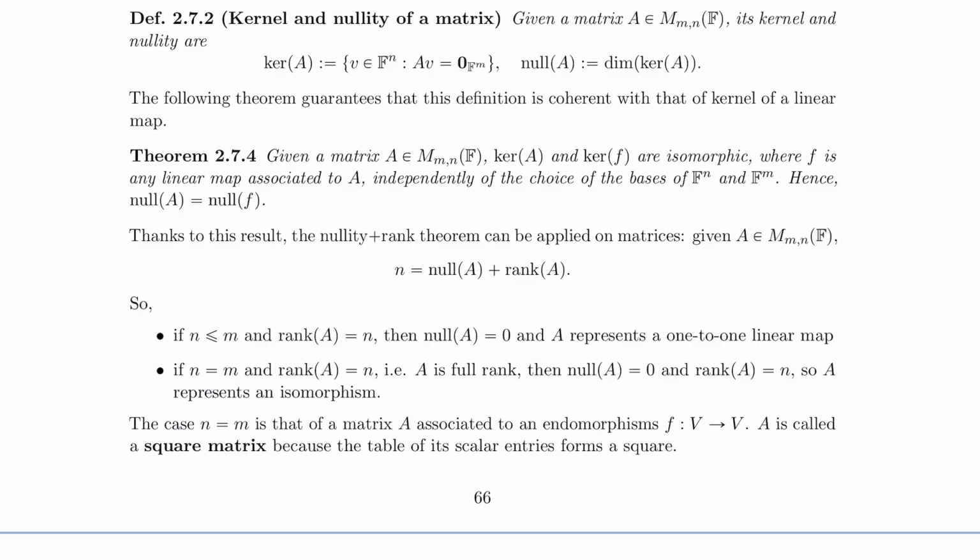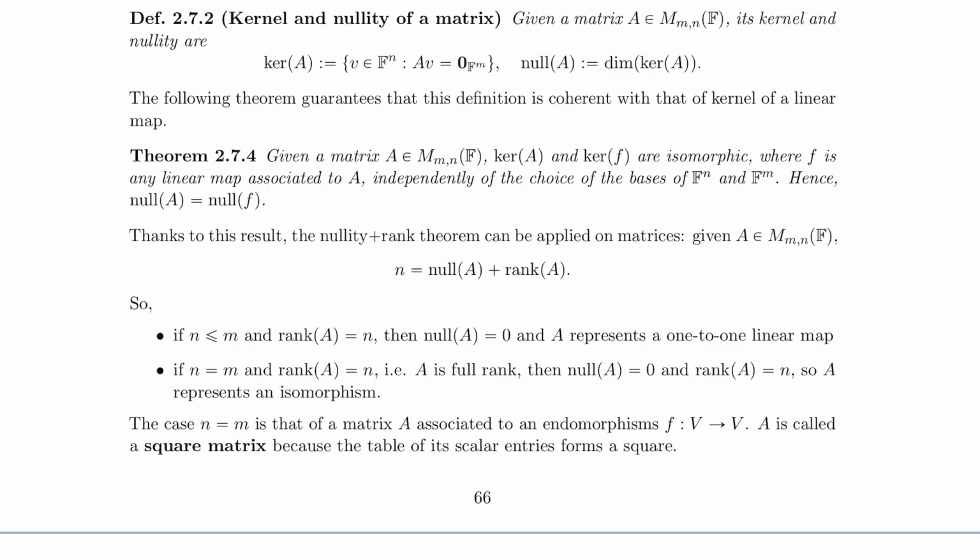After the discussion that we had before regarding the image of a matrix and its rank, this theorem shouldn't come as a surprise. Given a matrix A with m rows and n columns, the kernel of A is isomorphic to the kernel of F, where F is any linear map associated to A independently of the choice of the basis of F^n and F^m.